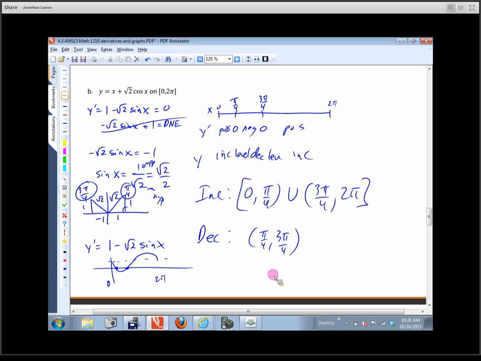Would the point of inflection for this one be pi comma 1? Let's see. Juan's question is, if we were to wonder about points of inflection on this one, it would have to change concavity. We'd have to think about where the first derivative is changing from increasing to decreasing. So if this is the derivative, think about how it's changing, or in other words, how the derivative of the derivative is changing.